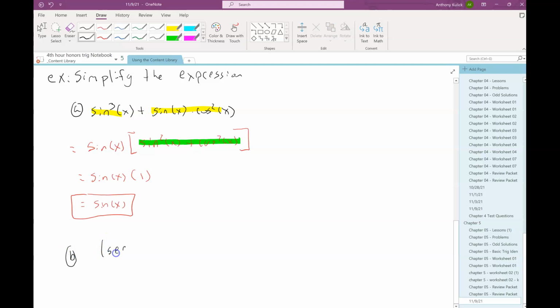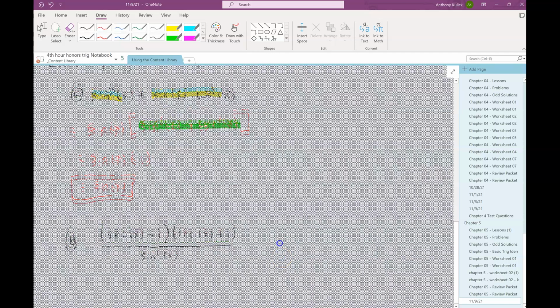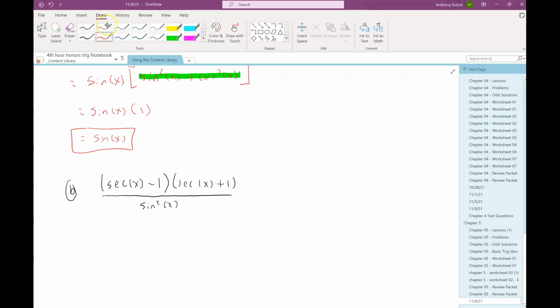Let's do one more before we're out of time. So let's say we have secant x minus 1 times secant x plus 1 all over sine squared.